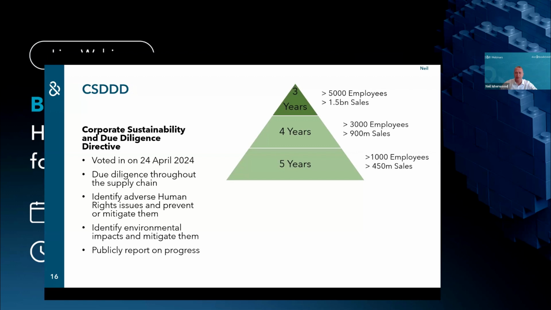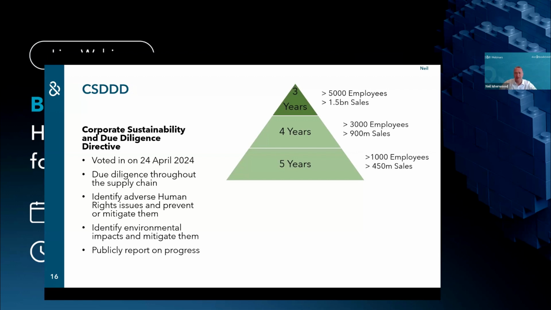So this was voted in on the 24th of April this year, and it has requirements to conduct due diligence all the way through the supply chain to identify any adverse human rights issues, along with environmental impacts. And then it places the responsibility on the company to eradicate or at least mitigate these. And then they've got to report publicly on what they're doing and how effective it's being.